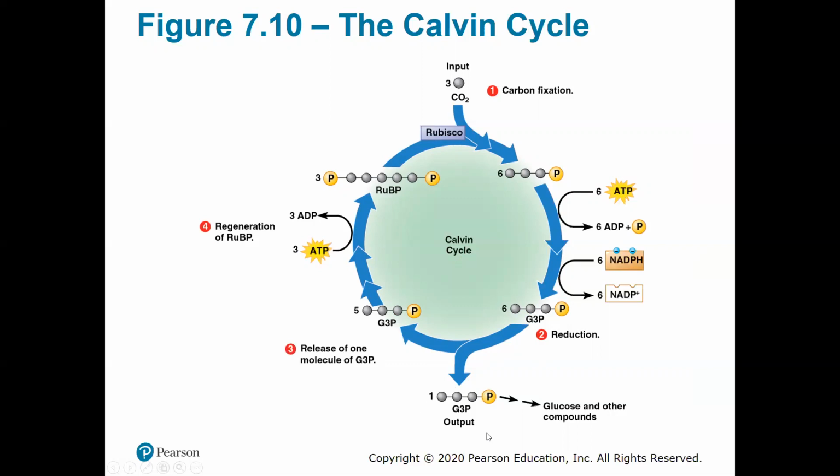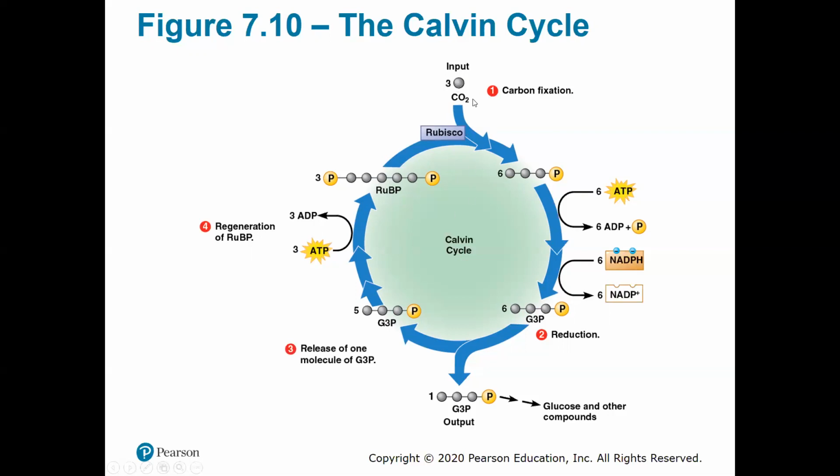This is one of the goals of the Calvin cycle, to produce 1 G3P molecule. So then you have 5 G3P molecules that then need to be recycled and help regenerate RuBP. So with a little bit of energy here, you can create RuBP.